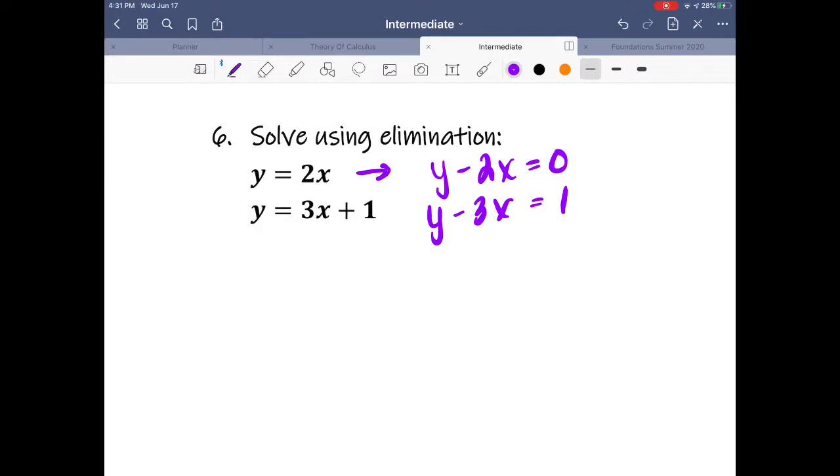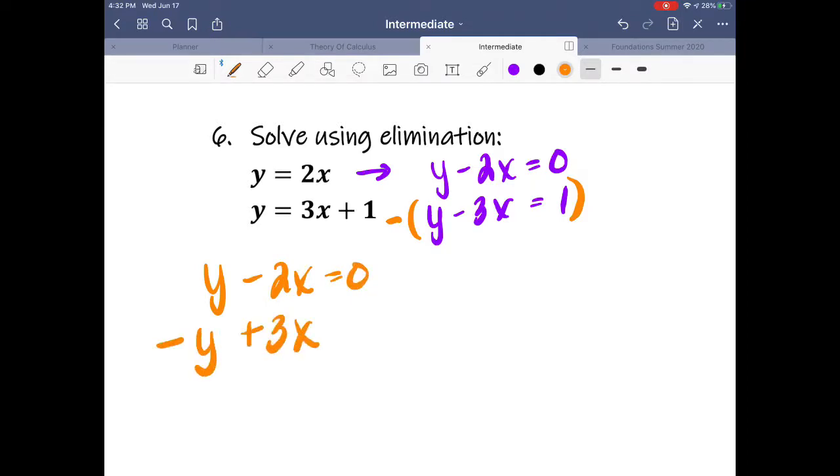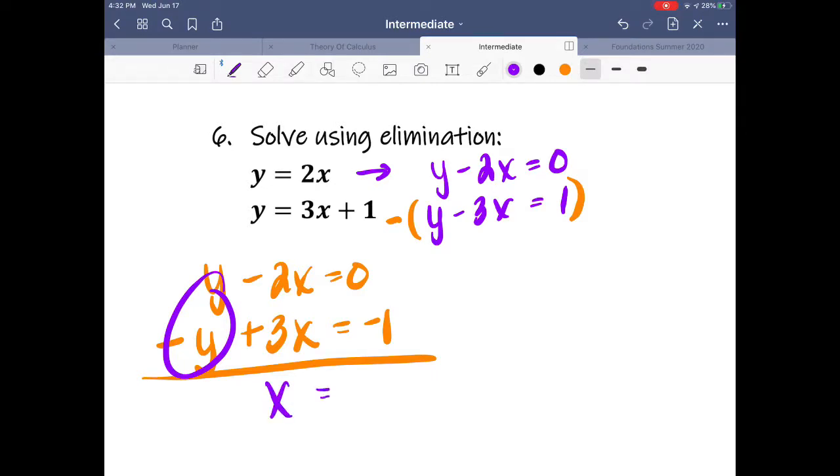You could leave it, but I'm just going to do that. And then I'm going to say I want the y's to eliminate, which means that I need one of them to be negative. So I have y minus 2x equals 0, and then I'm multiplying everything in this line by negative. Every single thing. So now the y's eliminate, and we have x equals negative 1.